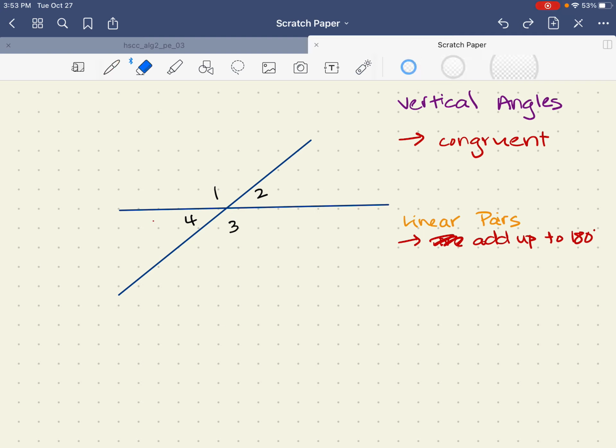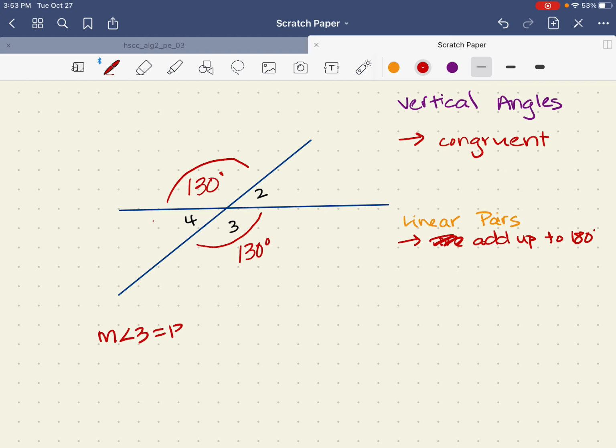What if angle 1 was actually 130 degrees? Well, immediately using the vertical angle theorem, you would know that angle 3 also has to be 130 degrees because vertical angles are congruent to each other. So the measure of angle 3 is 130.